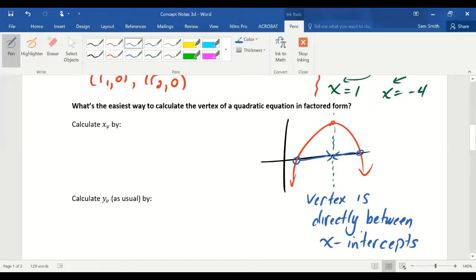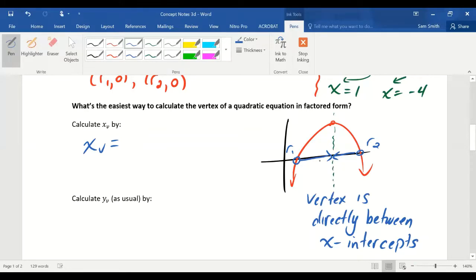So if you want to know the horizontal position of the vertex, all you have to do is find the number which is directly in between the two intercepts. Maybe this is 1 and negative 4.